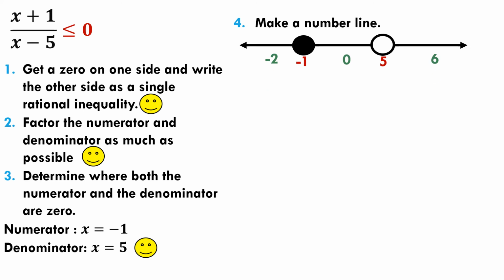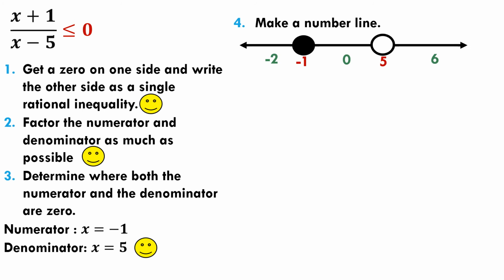So, para sa next step natin na magte-test tayo ng points, maglalagay tayo ng mga numbers dito. It's up to you kung anong yung number na ilalagay nyo. So, dito, ang pinili ko -2. Bakit -2? So, pipili kayo ng number na dito, to the left, ng -1. So, ano yung mga numbers less than -1? So, ang pinili ko is -2 para later, mas madali na lang siyang isolve pag nag-test tayo ng points.